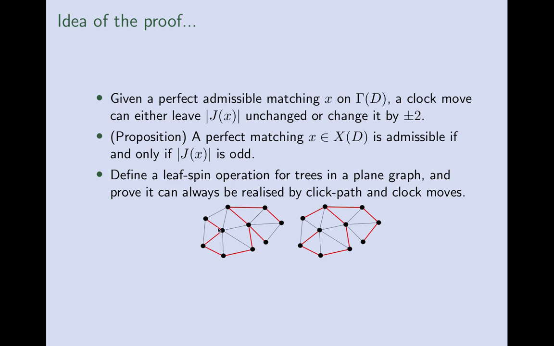So you can see here this edge becomes this edge here, and again here we have spun this leaf clockwise instead, and from this one we get this one.